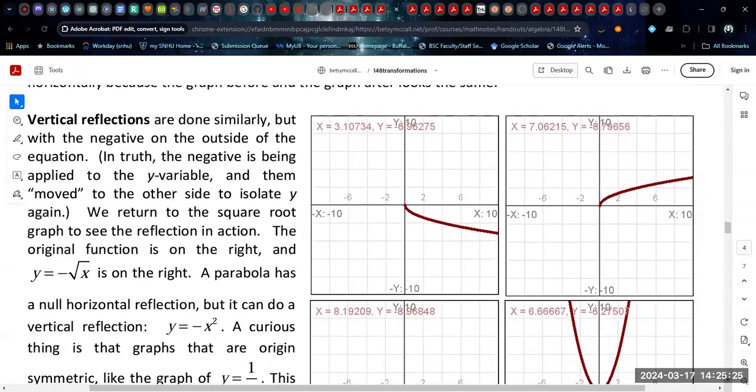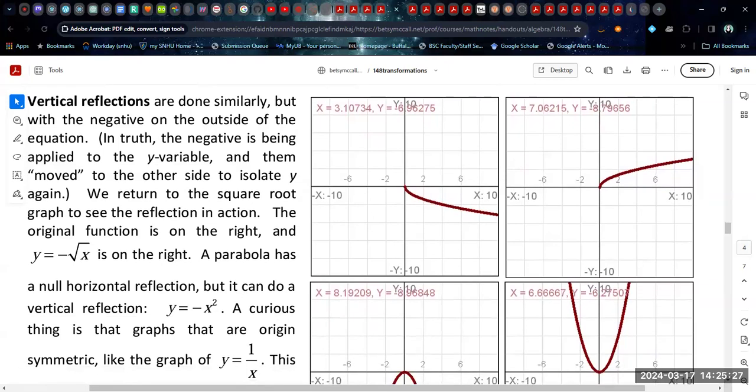Now, if we go over to vertical reflections, these are going to show up best with even functions, but they will show up identical with odd functions. And then the square root of x graph is going to be distinct in both cases. So this is our original square root graph, and what we actually are doing is applying a negative to the y function, and then moving it over to the other side of the equation.